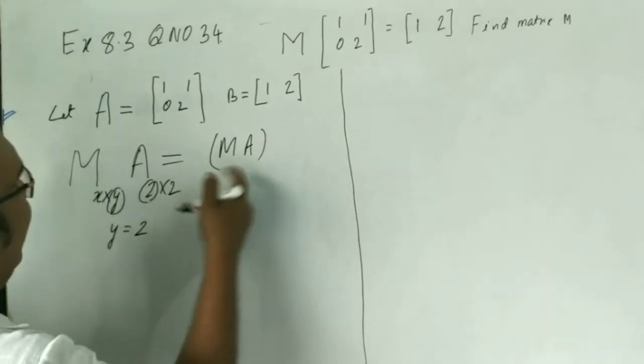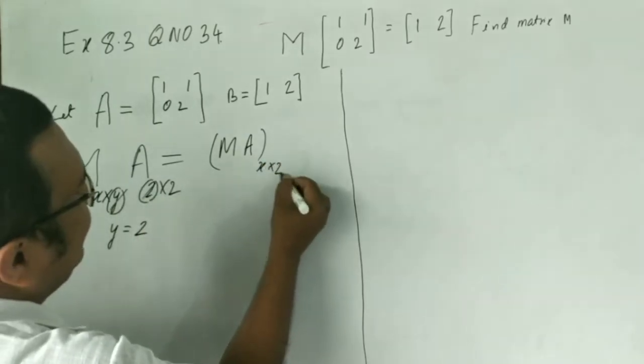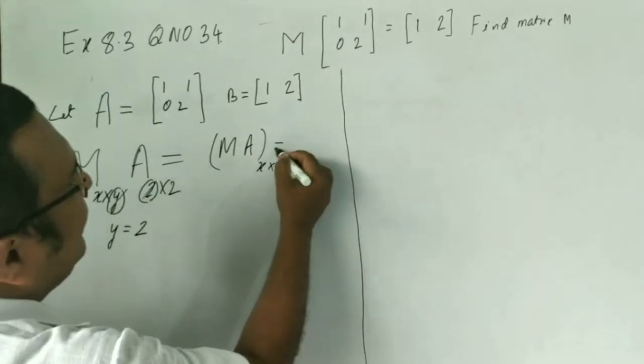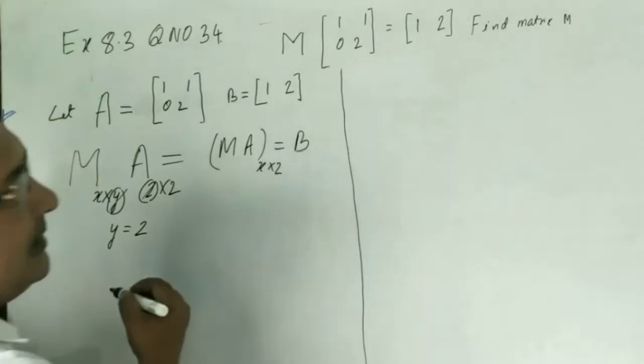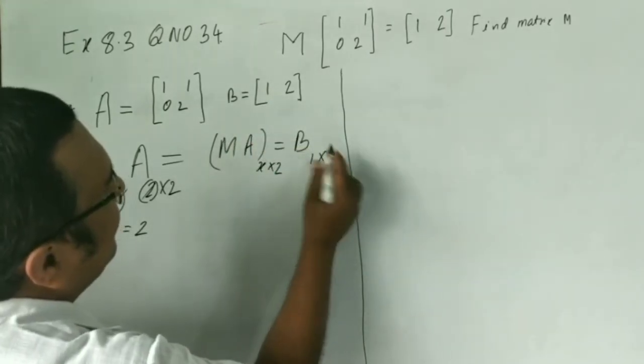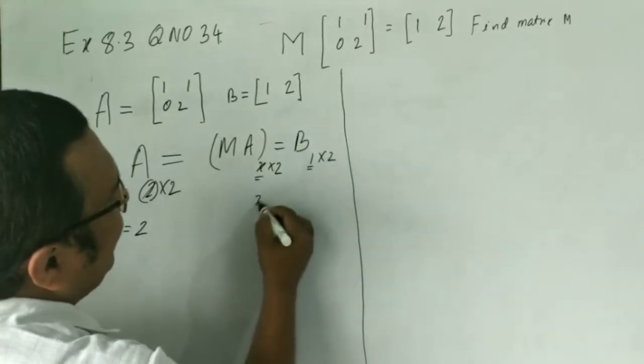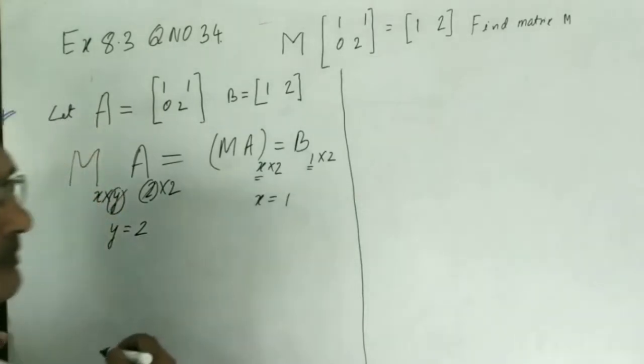Now NA will be what? If I cancel this, it is X by 2. And this is equal to B. Order of B is 1 by 2, 1 row and 2 columns. So what is the value of X? X is equal to 1.